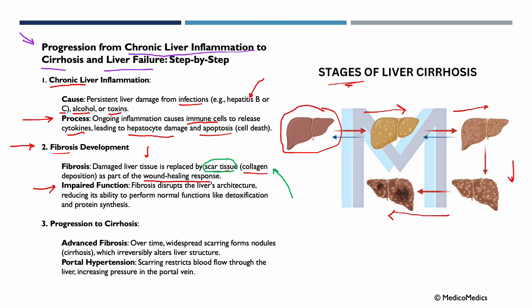So fibrosis, almost identical to the example of the burn victim and his skin being unable to separate, let's say, his fingers, fibrosis disrupts the liver's architecture, reducing its ability to perform normal functions like detoxification and protein synthesis.